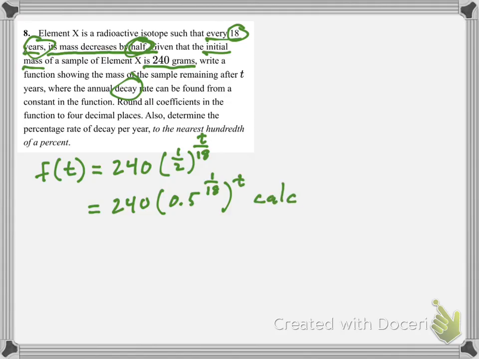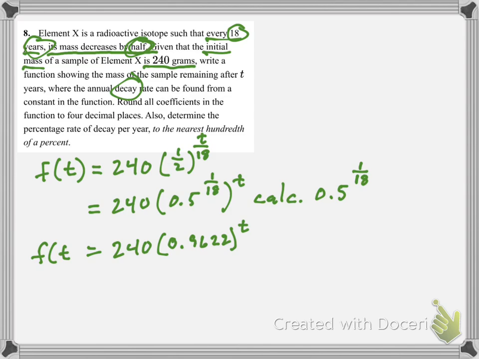So we need to calculate 0.5 to the 1/18th power. So if I do that, remember I'm just rounding to 4 decimal places. I get 0.9622 to the t. So there's my function.